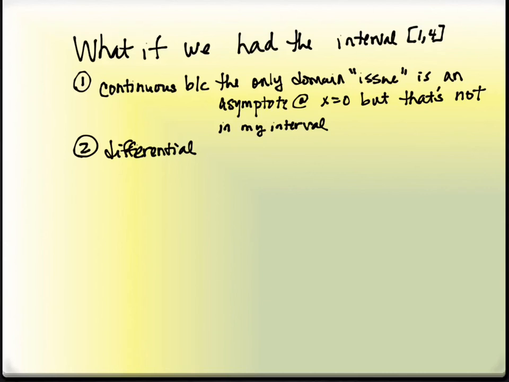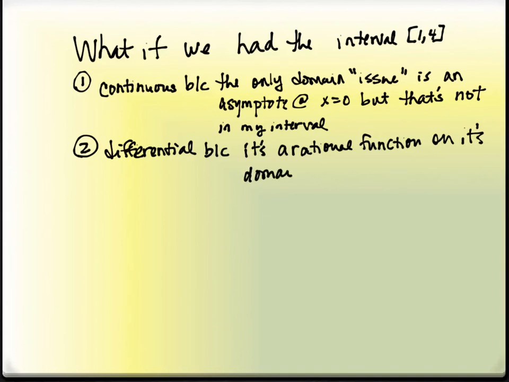So if it's continuous on the 1 to 4 and it's a rational function, then it's also going to be differentiable on there. So we get this one for free. So this is differentiable because of the same reason, but it's really because it's a rational function on its domain. Namely, the domain, of course, here is everything but 0, right? That's what the domain is for this particular function, everything but 0.